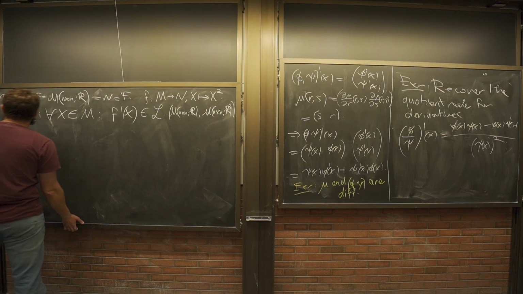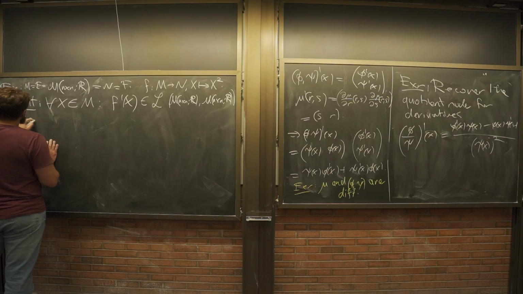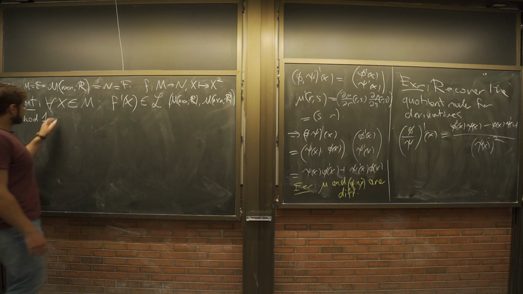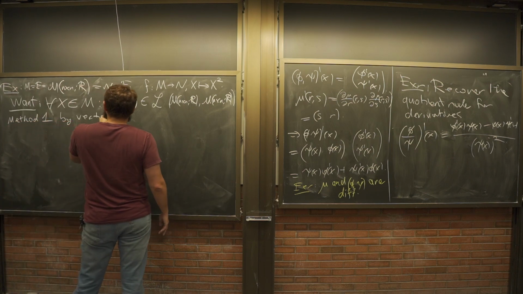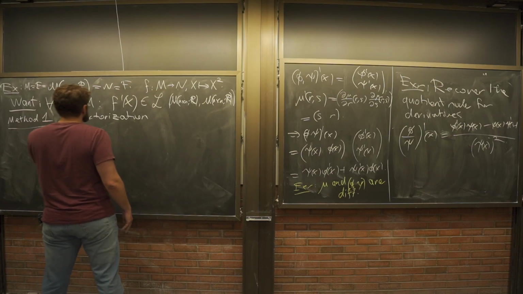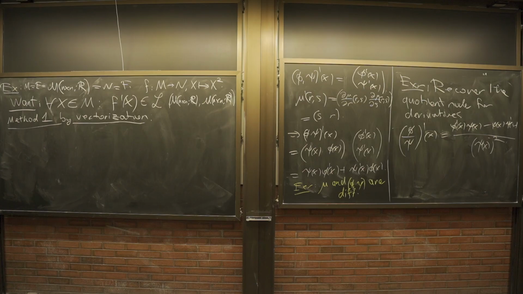OK, method one. This is what you would call flattening, or vectorization. Now, it will be painful to try to do this in general, so let's just be modest.